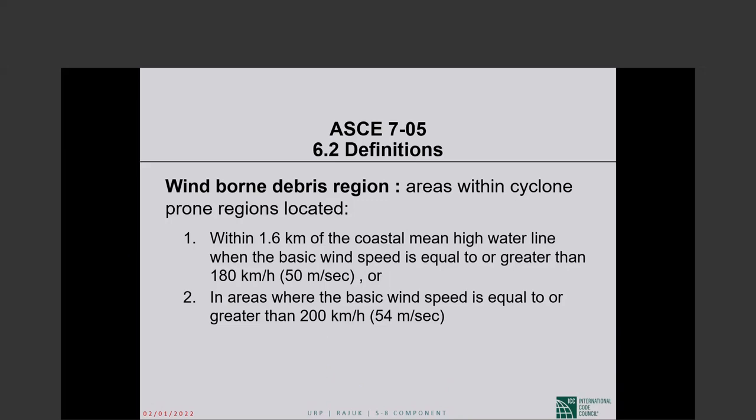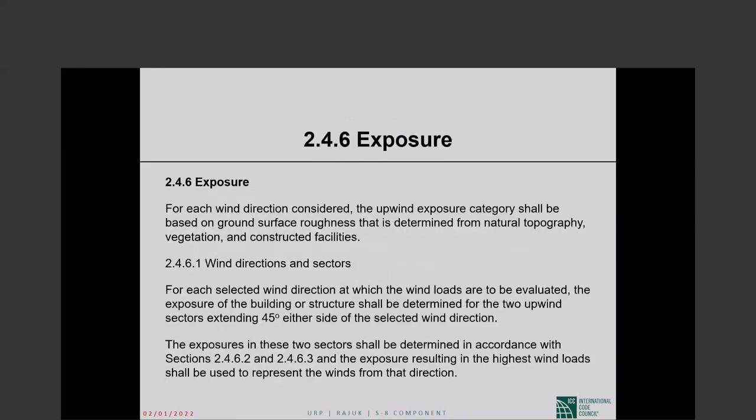So windborne debris region is a part of the hurricane prone region where the design wind speed is 200 kilometers per hour or more, or if you're within 1 mile of the coast, then 180 kilometers per hour or more will put you in a windborne debris region where the glazing on your structure has to be impact resistant. Okay.